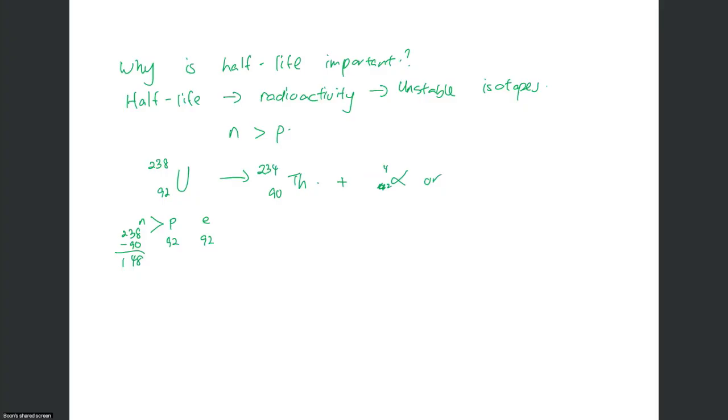And it will release an alpha ray, sorry, alpha ray, or you can rewrite it as helium. Basically, this is energy release, and we can use this energy release as nuclear power.